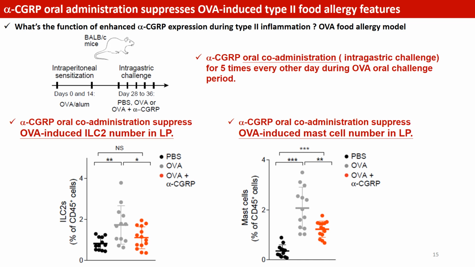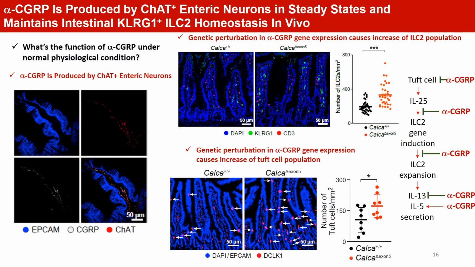As you can see in the lower two panels, alpha-CGRP oral co-administration can suppress the OVA-induced ILC2 number in the lamina propria, and also reduces the OVA-induced mast cell number.